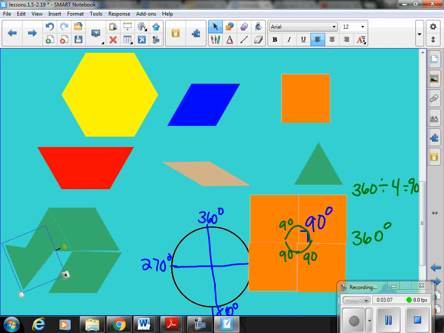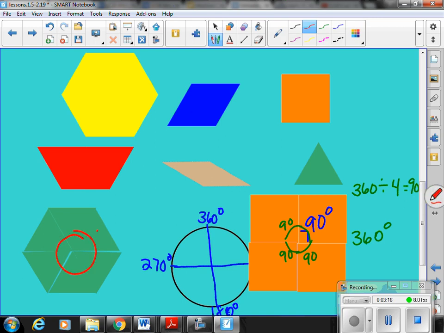So you're watching me fit all of these shapes around the one vertex of the first triangle, which was this one. Okay, so now I can make a full circle.